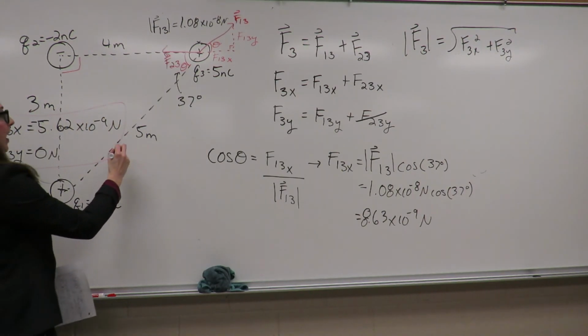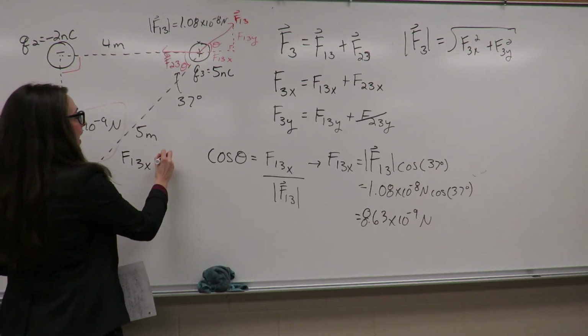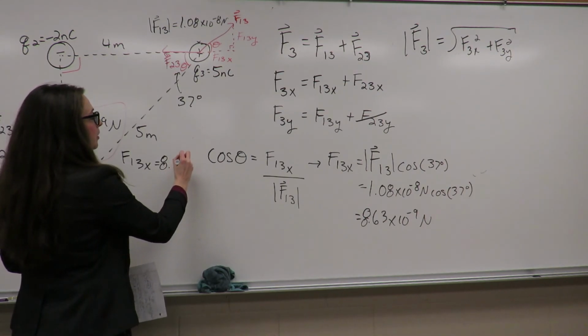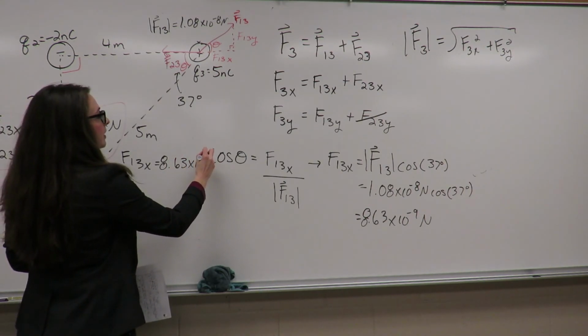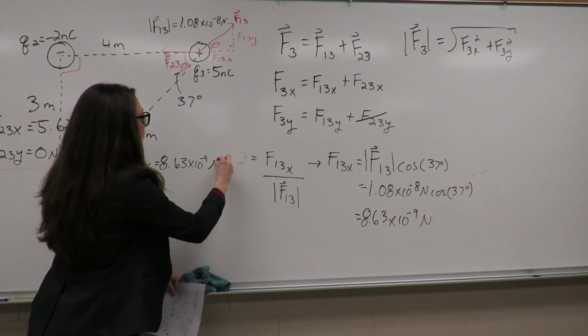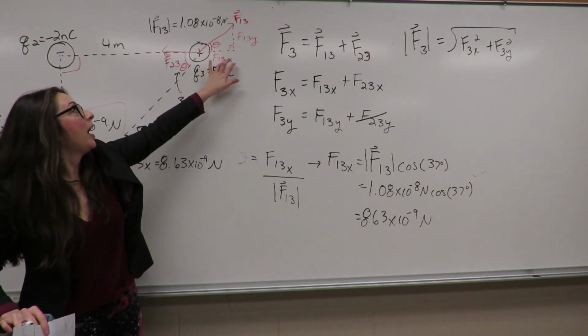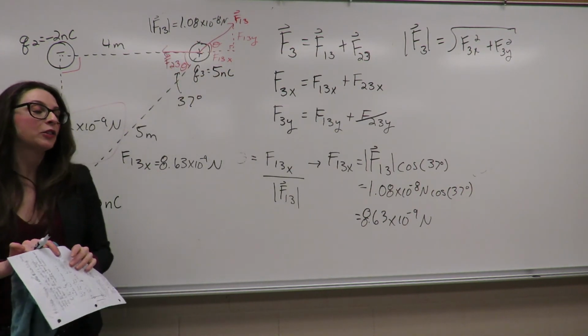So then I've got that F13x is equal to 8.63 times 10 to the minus 9 newtons. It's positive because F13x is pointing in the positive x direction.